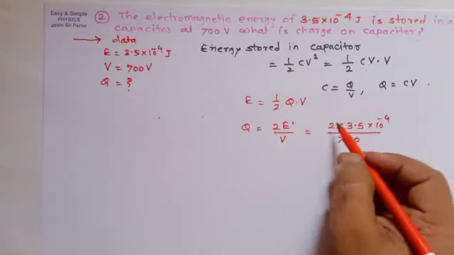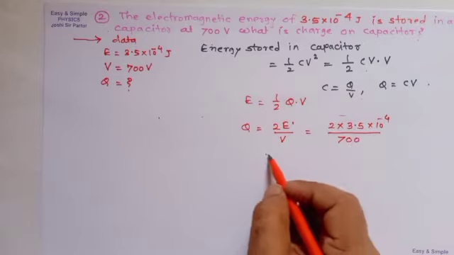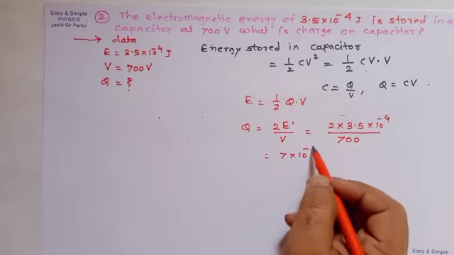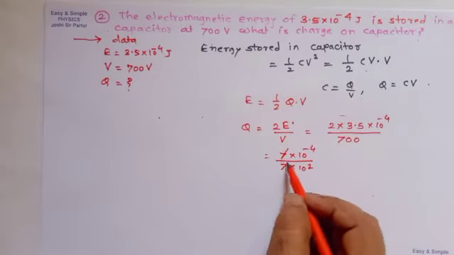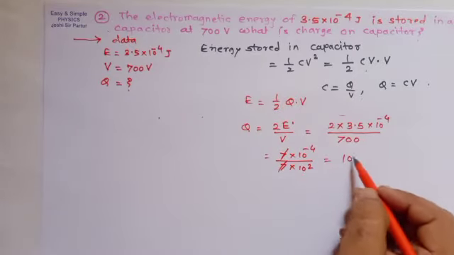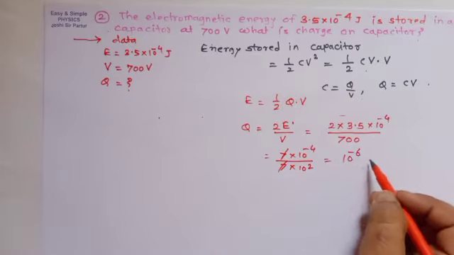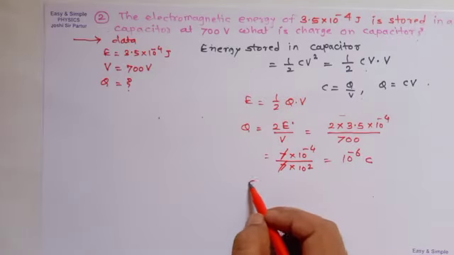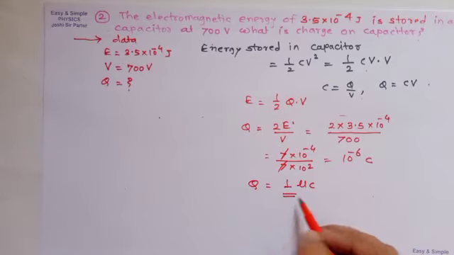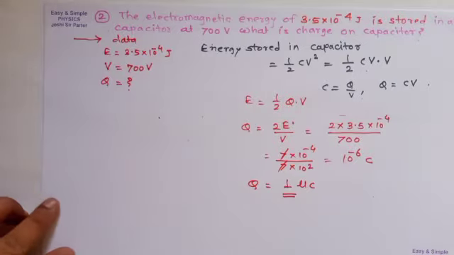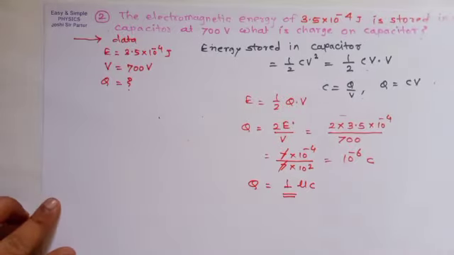The multiplication gives 7 into 10 raised to minus 4 upon 7 into 10 raised to 2; 7 gets cancelled, giving 10 raised to minus 6 coulomb. So the charge will be 1 microcoulomb, or 10 raised to minus 6 coulomb. This is the answer for such an example.